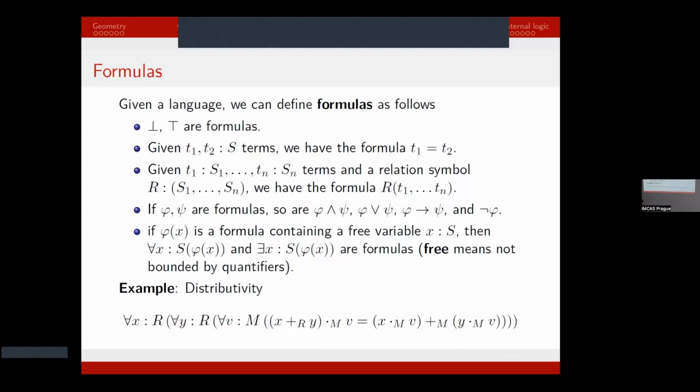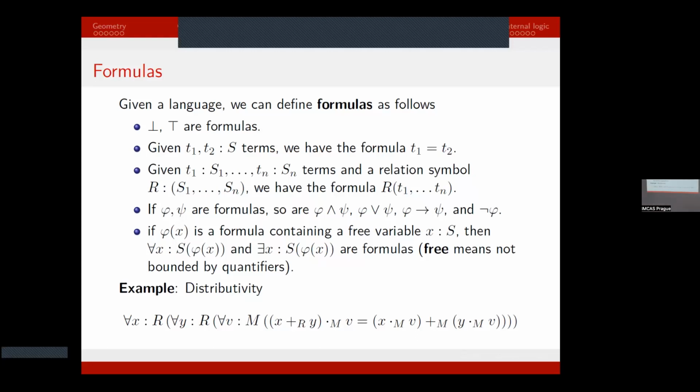So it's like the integral symbol, essentially. If it's a free variable, I can plug in values, but if it's under the sign of integral and I'm integrating through that variable, then I'm not allowed to change the value because it has another meaning now. Okay, this is it. An example: this is distributivity, and it's a formula without free variables as well, because I'm saying for all x, I'm saturating all the variables.